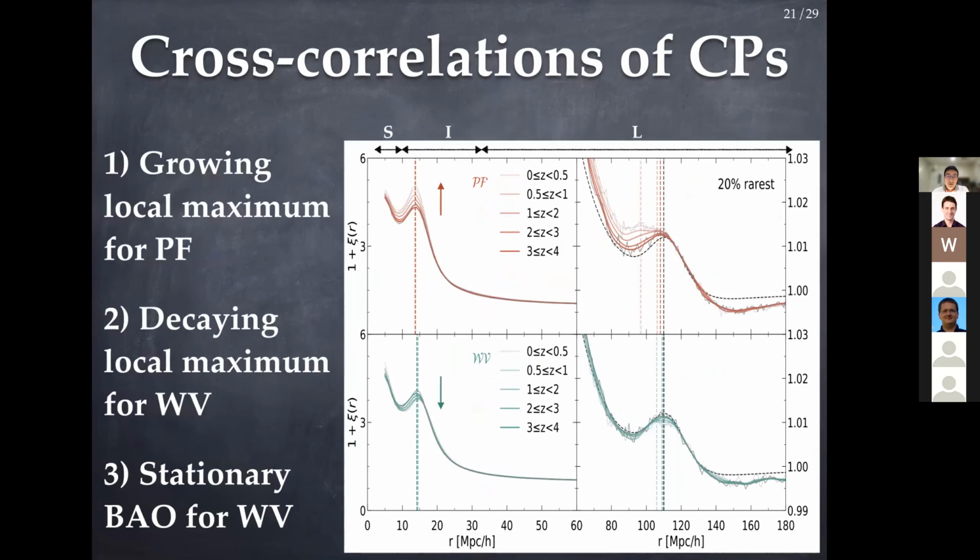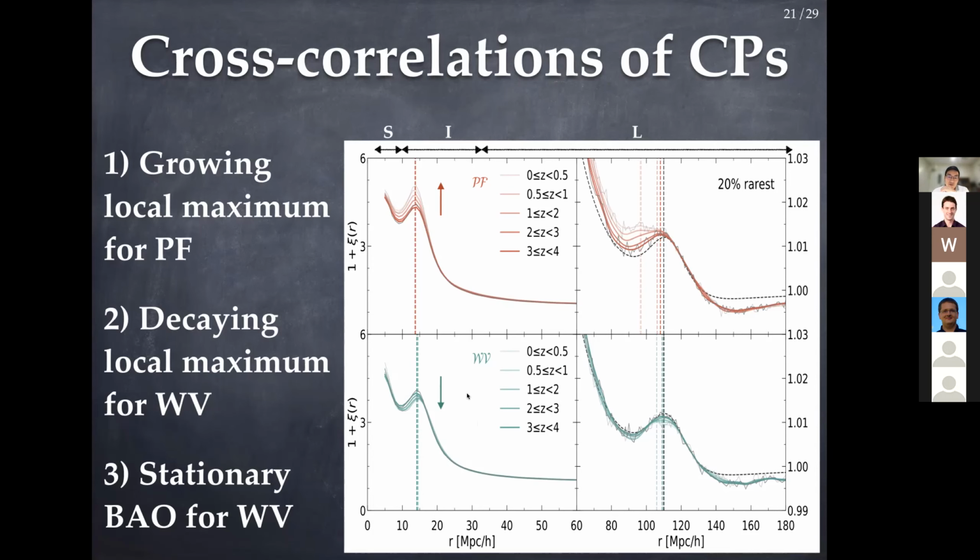And finally, if we look at cross correlations between peak-filament and wall-void, now you see some redshift evolution. So for the peak-filament case, the local maximum grows higher, meaning that the clustering is becoming stronger, meaning they are mutually attracting each other. So they are more clustered at these scales.